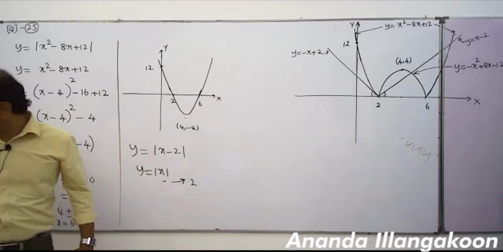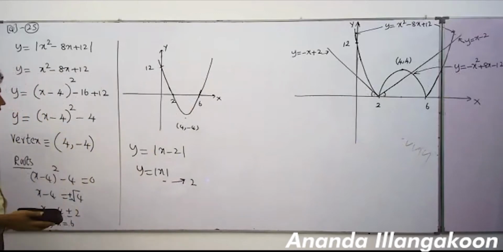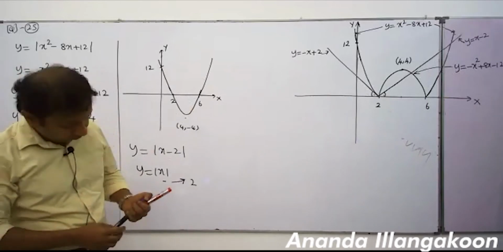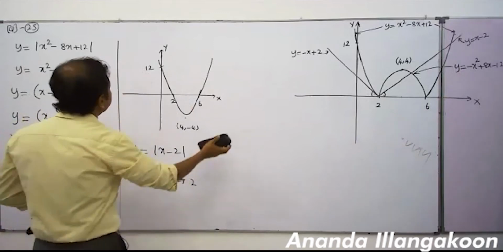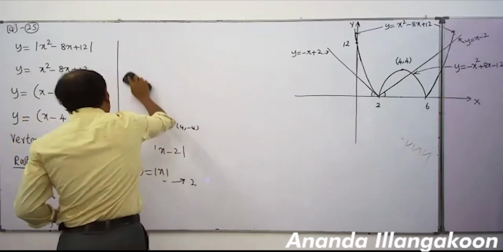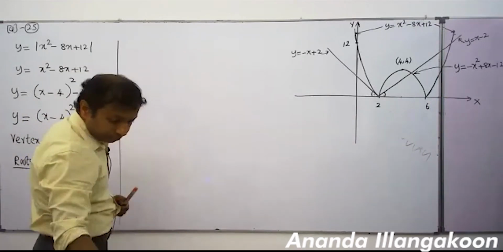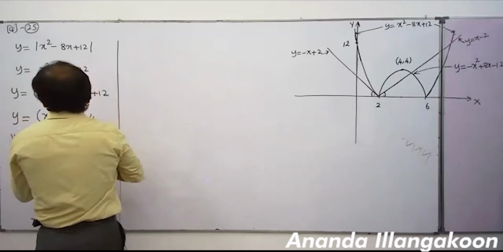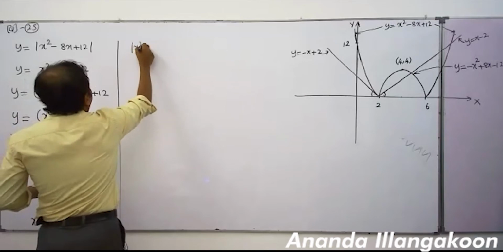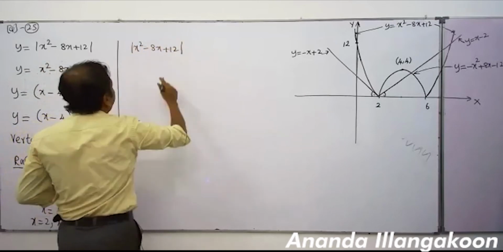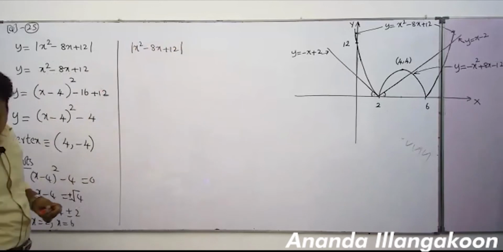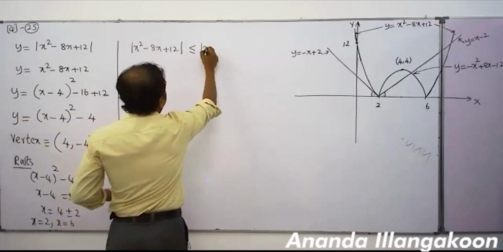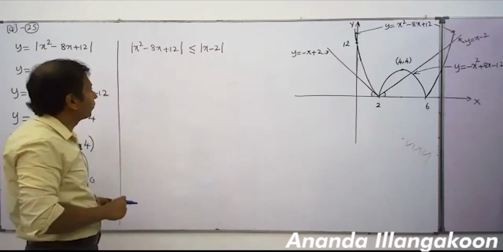Now, what is asking next? Asking these, people. The interval this. Modulus of x squared minus 8x plus 12 less than or equal to mod x minus 2. What is this, people?